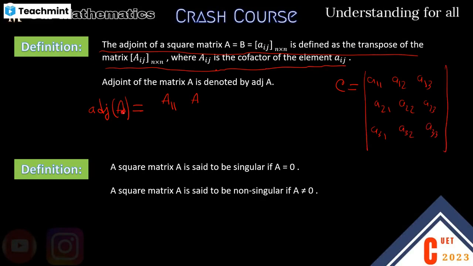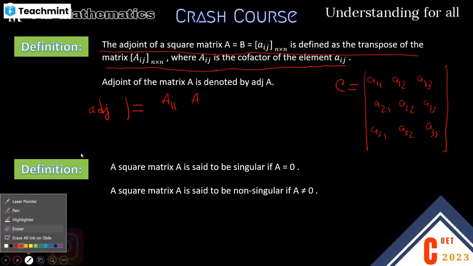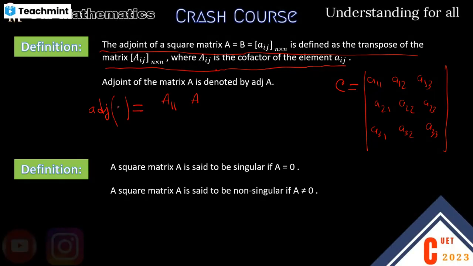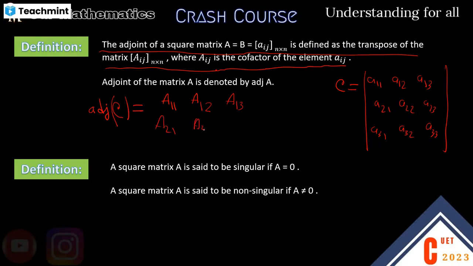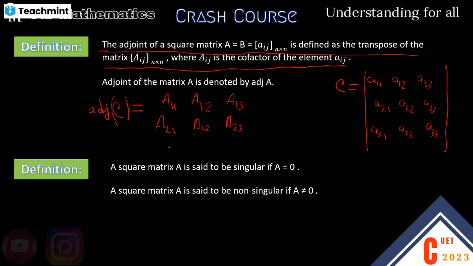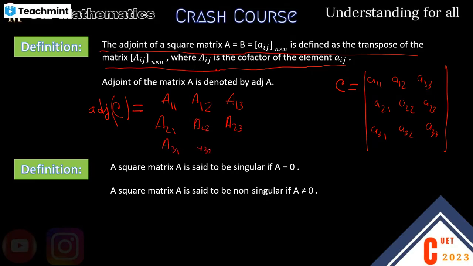Then adjoint of C. Okay, adjoint of C. The first element is the cofactor of a11, then the second element is the cofactor of a12, a13, a21, a22, a23, a31, a32, a33.